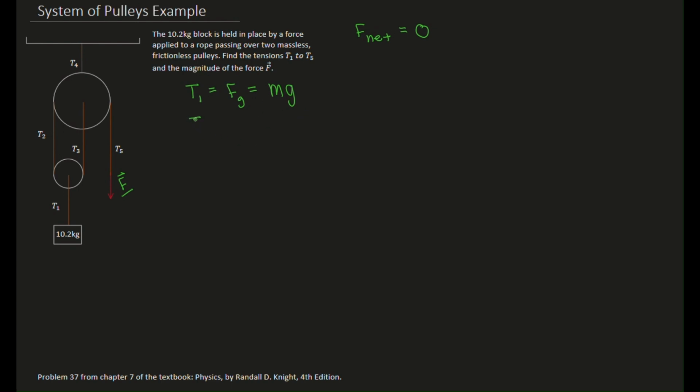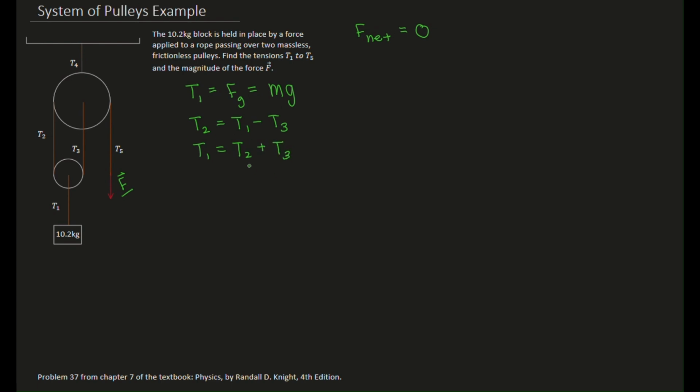Our second tension force is actually going to be equal to our first tension force minus our third tension force. Or another way we could write this is that the first tension force is equal to the combination of those two ropes, 2 and 3.